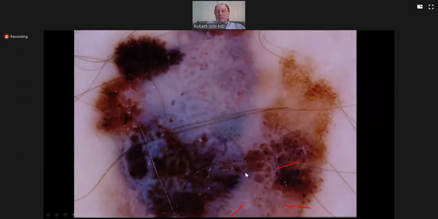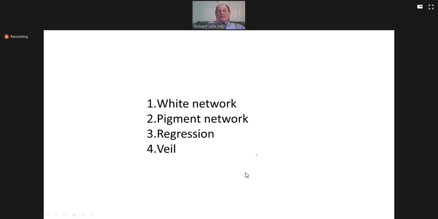Okay, and what are these white network-like structures here? What is this? We see your answers. Okay, show that. All right. So is that white network, pigment network, regression, or veil?